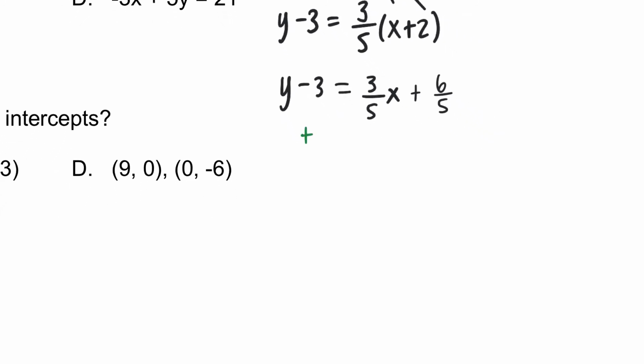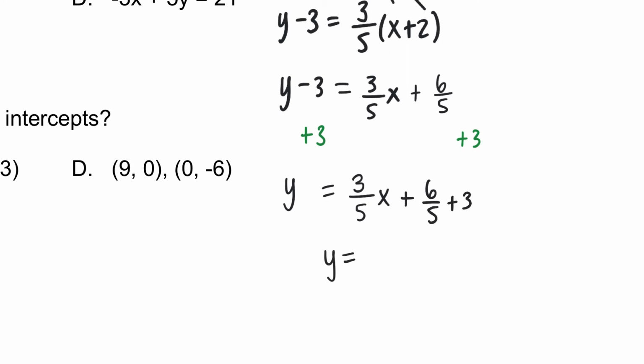Now, we've got to solve for y. So we're going to add 3 here. So what we've got is y is equal to 3/5 x plus 6/5 plus 3. This I would write as y is equal to 3/5 x, and then plus 6/5. And then we're going to change 3 now. This is how you add fractions. We're going to change 3 so that it's some number of fifths, right? For me to actually be able to add these things, I need them to both have a denominator of 5.